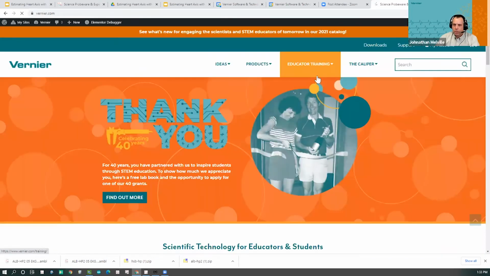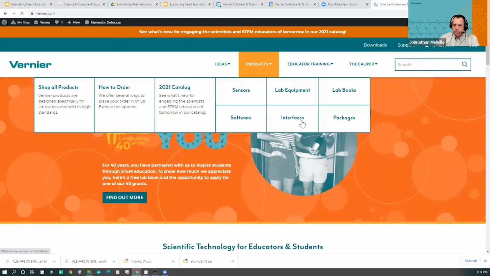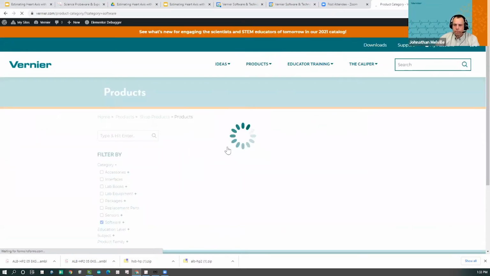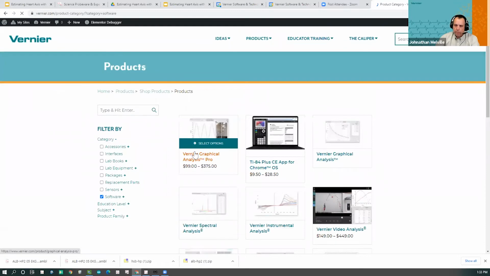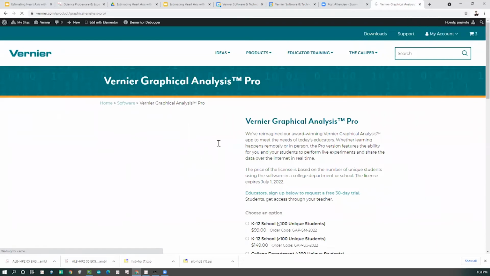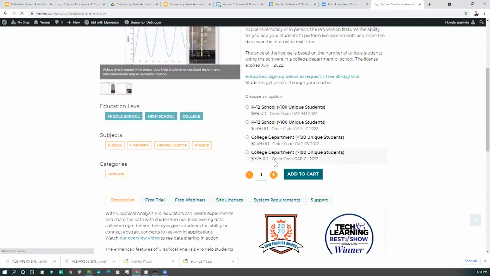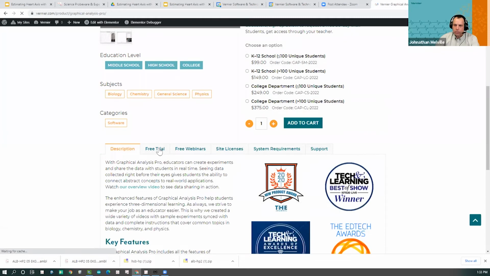So if you go here and go into products, you can actually go to software. And you'll be able to find GA Pro here, complete with pricing. And there's a free trial.